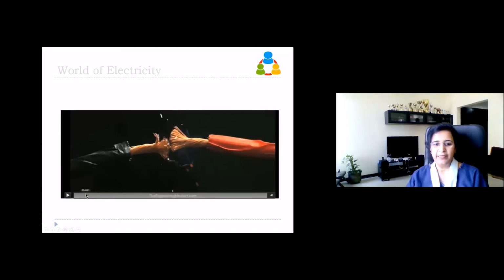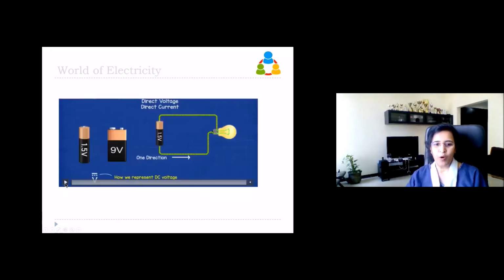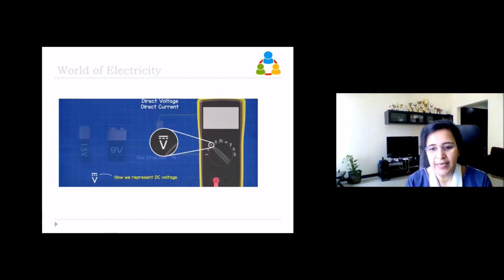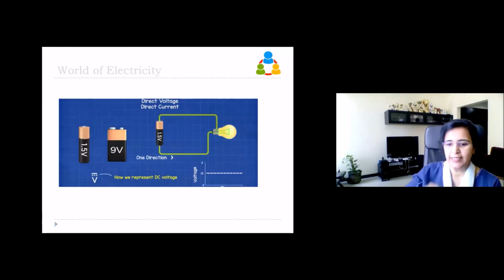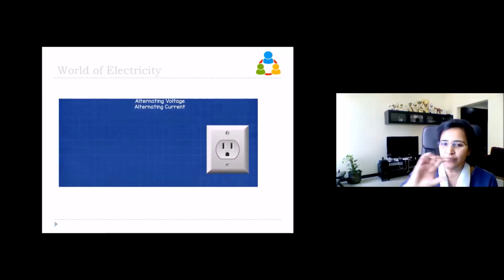In the alternating current, I'll show you the comparison. This is a multimeter, with which we can measure the direct current. In the direct voltage or direct current, it will be in a straight line.